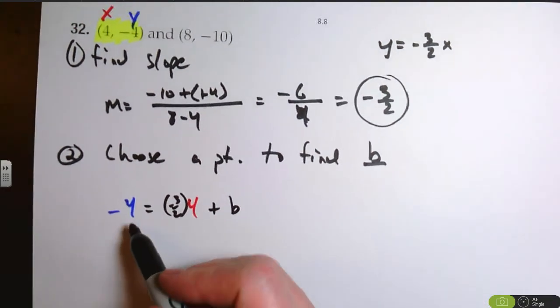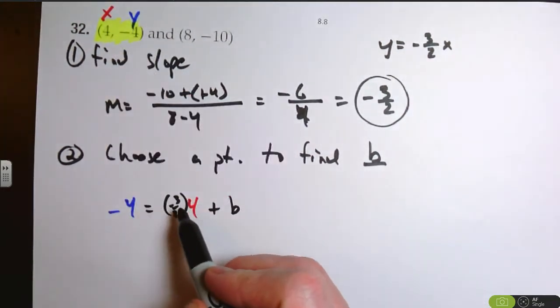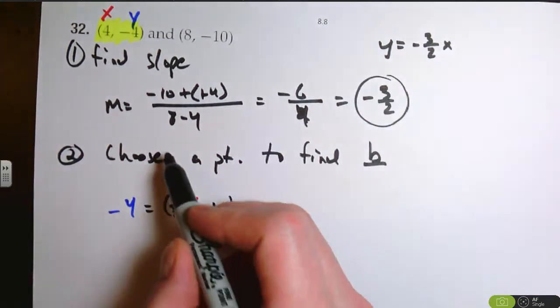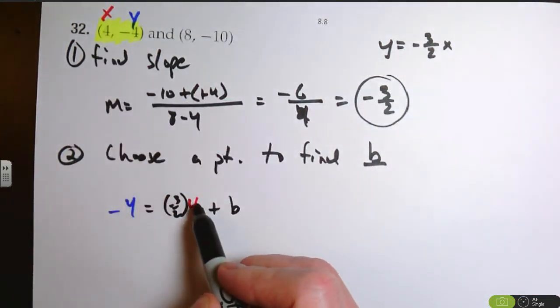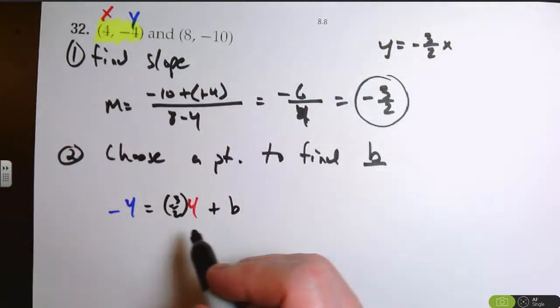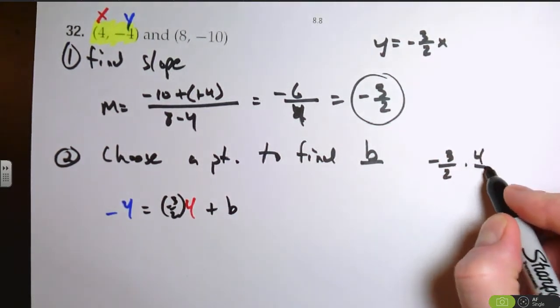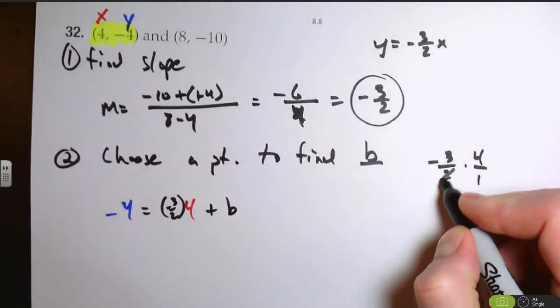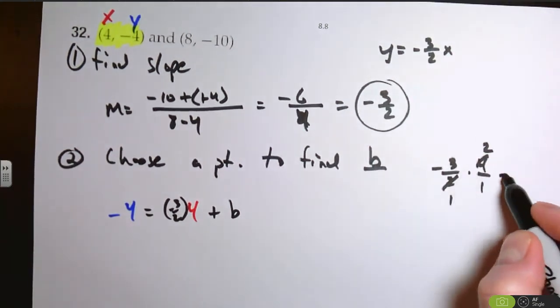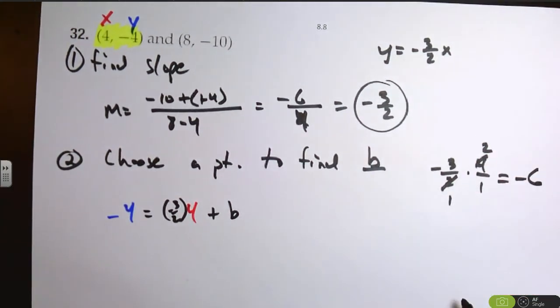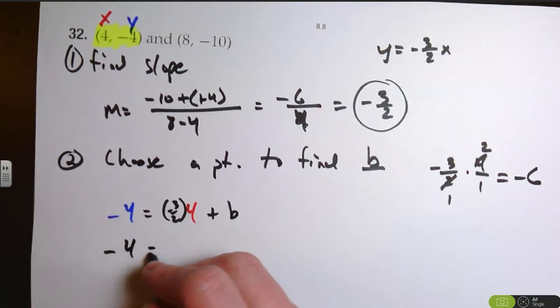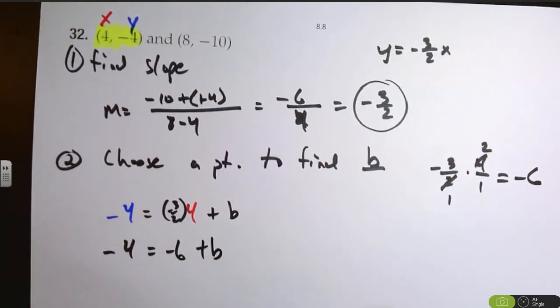So y equals m times x plus b. Now I know it's kind of sloppy here, but I have to do negative 3 halves times 4 over 1. Well, that cancels to be 2 and 1, so it's negative 6. So negative 4 equals negative 6 plus b.